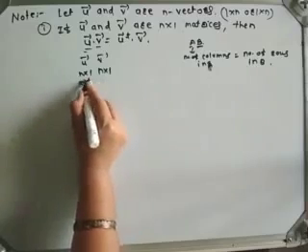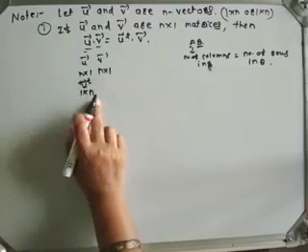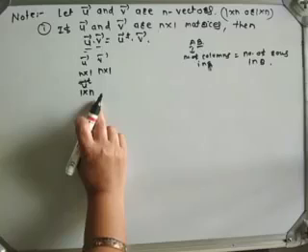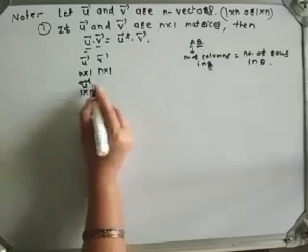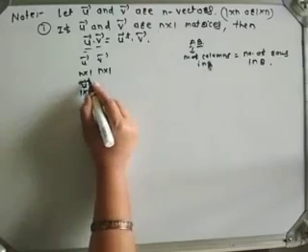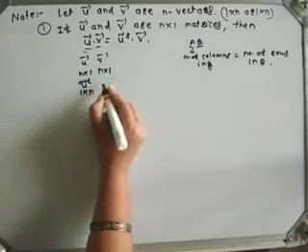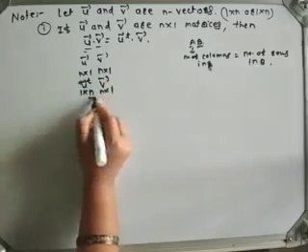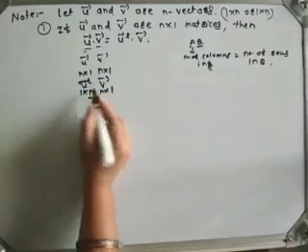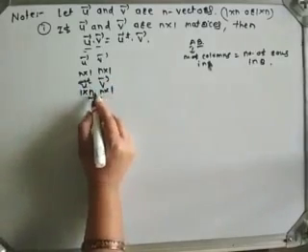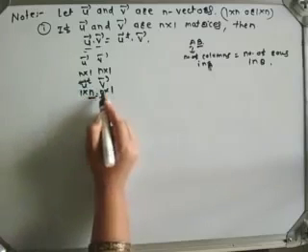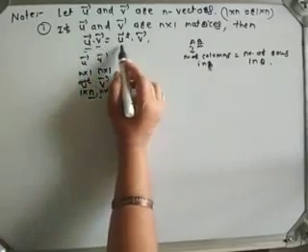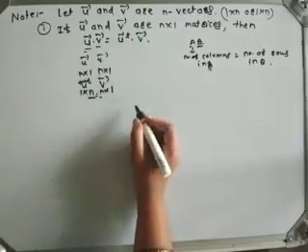Transpose is nothing but interchanging rows into columns and columns into rows respectively. Therefore, the size of u bar transpose is 1 by n and the size of v bar is n by 1. Here the number of columns in u bar transpose is equal to the number of rows in v bar. Therefore, u bar dot v bar is equal to u bar transpose into v bar.